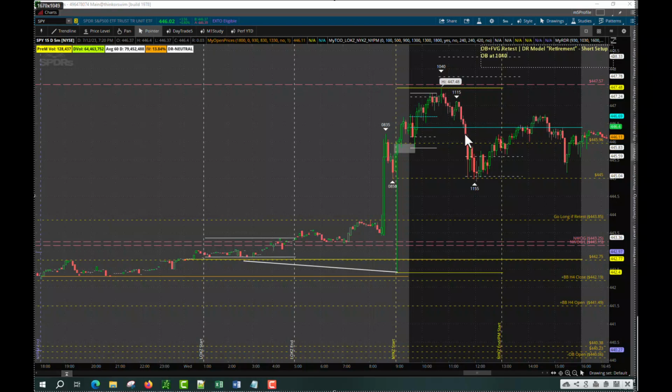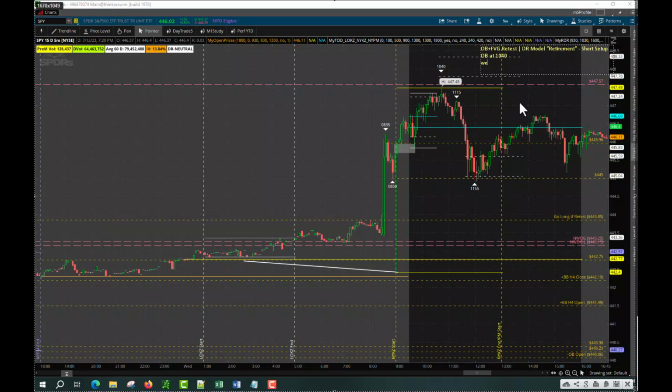So technically it violated the DR model, because it was stated that one 5-minute candle closes above the implied DR. A little bit sloppy right here, but it's okay for now.